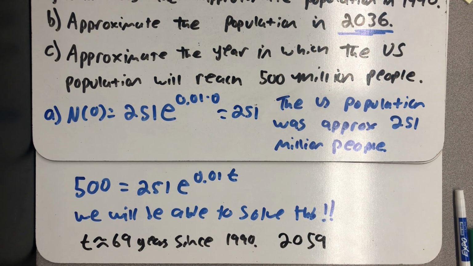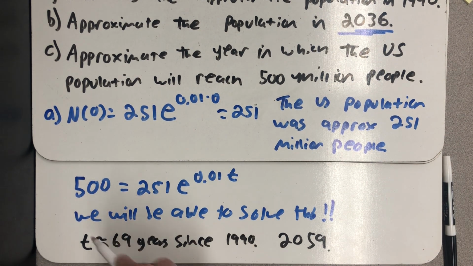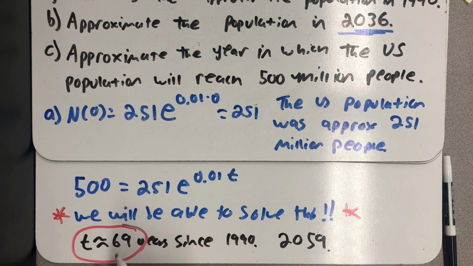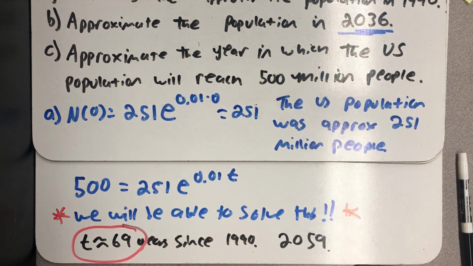The year in which the United States population will reach about 500 million people, according to this model, which assumes nothing changes, will be about 2059. Again, later on in the course, we'll be able to solve this a better way by actually solving an equation and not having such a rounded figure from just scrolling through a table on a calculator.